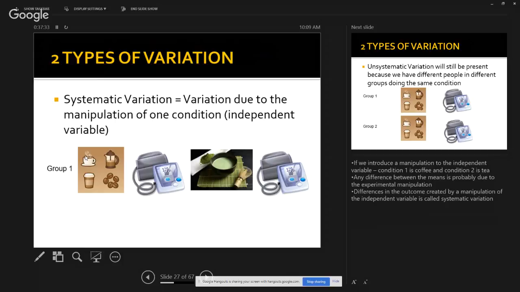Condition 1 is coffee, condition 2 is tea. Any difference now between the blood pressure between these two conditions is probably due to our experimental manipulation. So if we're comparing these values, the differences we can say is due to the manipulation we did.